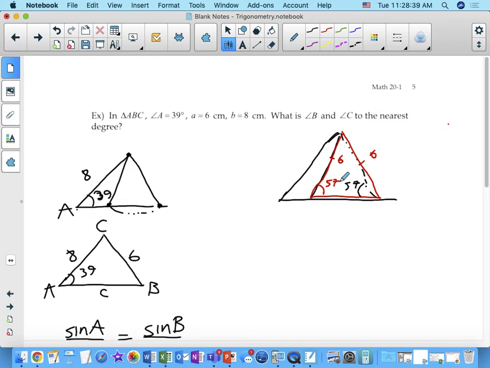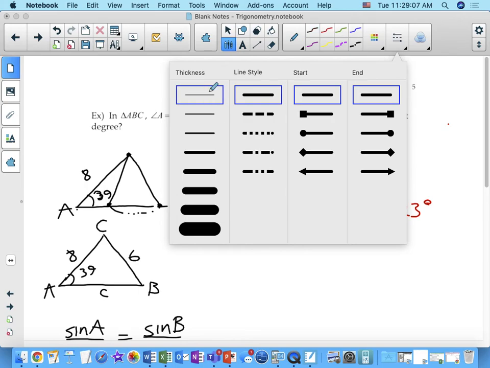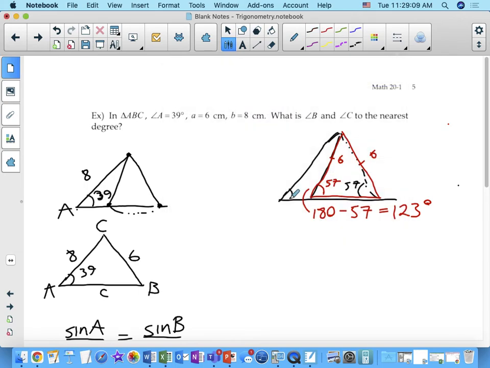Again, this is not in the triangle that we're looking at now, but that gives us this angle. What's this angle right here? Exactly, 180 minus 57, which is 123 degrees, right? So this is our new angle B in the second triangle. In this triangle, this is still 39.